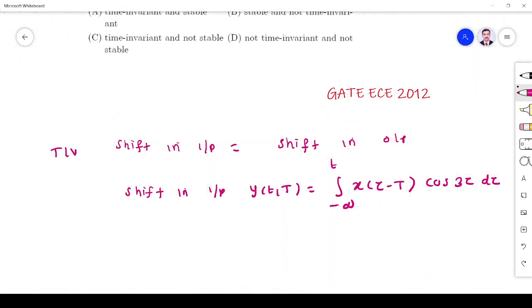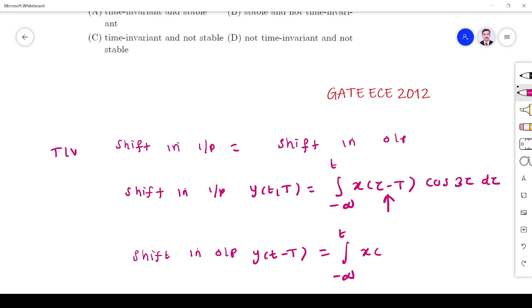Okay, now I shift the output. Here I shifted only the input, so that is shift in input. Now I shift the output. Output is y, so y of t minus T. In mathematics, if one variable is changed on the left hand side, the same variable should be changed all over the equation, wherever you find it.